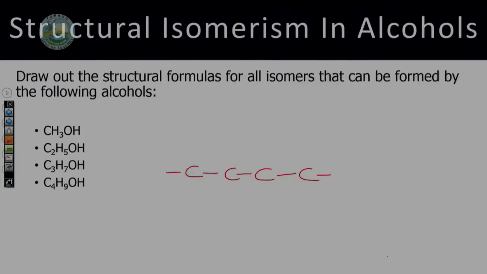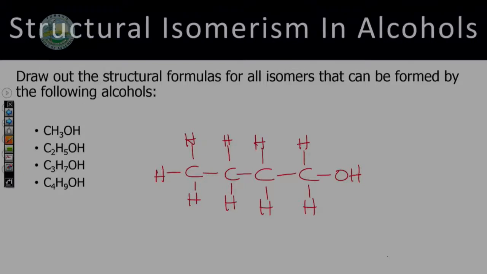All right. And we know that there must be an OH group present. So we begin by drawing in this way, and we make sure that our carbons have all 4 bonds facilitating them. So we're putting our hydrogen, and we are going to find out how many isomers we are going to get from the 4 carbon alcohol.